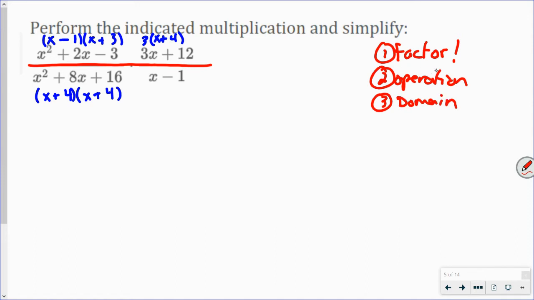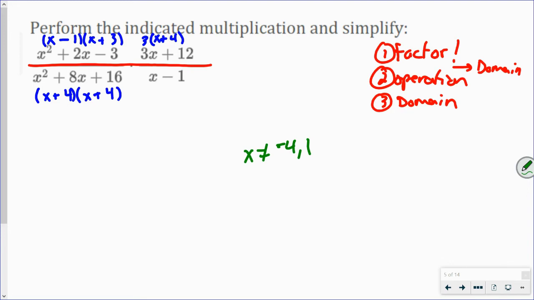You could actually look at domain before and after the operation, especially with division, which we'll look at next. On the bottom, x cannot be -4 and 1. So that's my list.